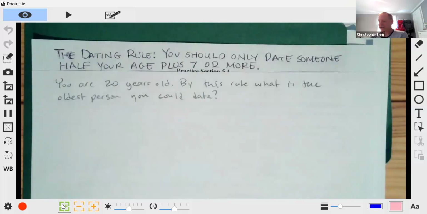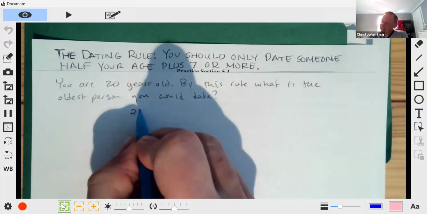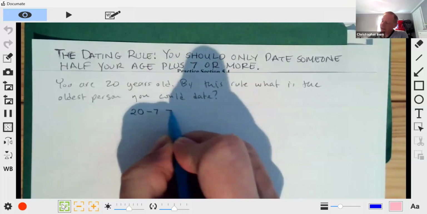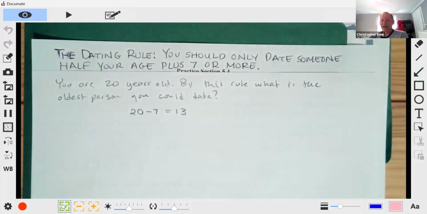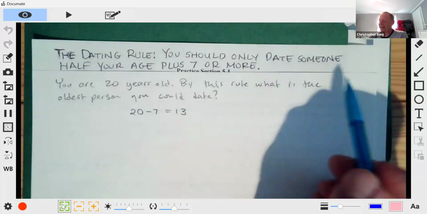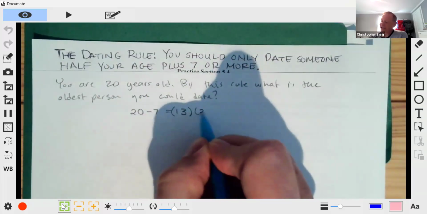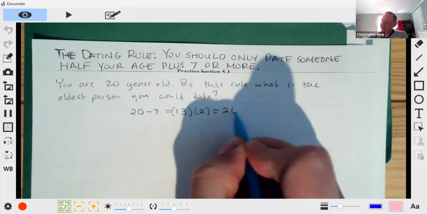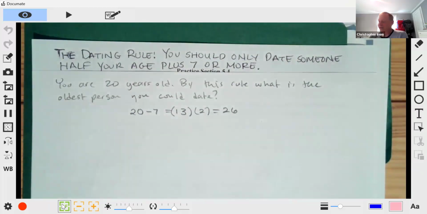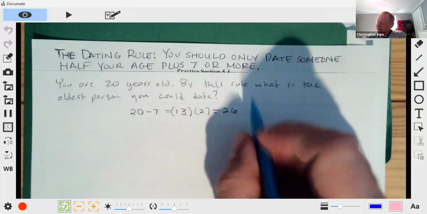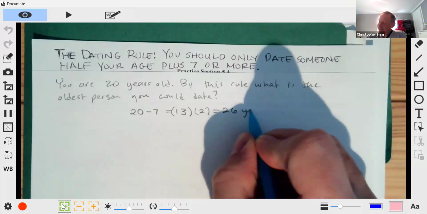So the first thing you should do is subtract 7 from your age, and you would get 13. And then what I did was half my age, so I'm going to double this age. And so it turns out if you're 20 years old, by this rule, you should only be dating somebody that's going to be 26 years old max.